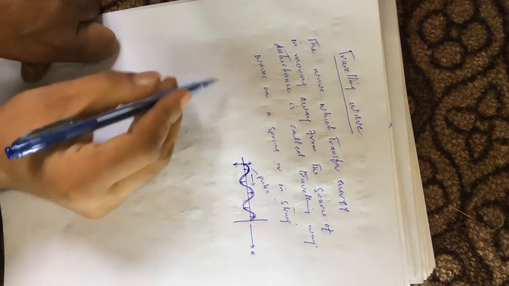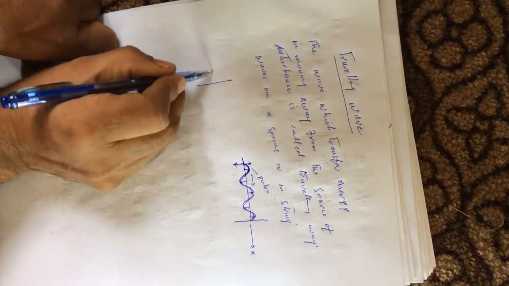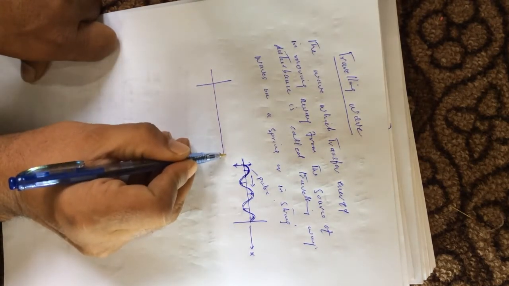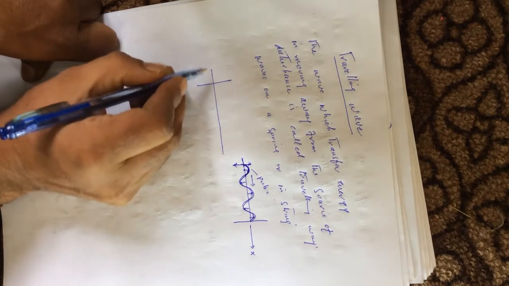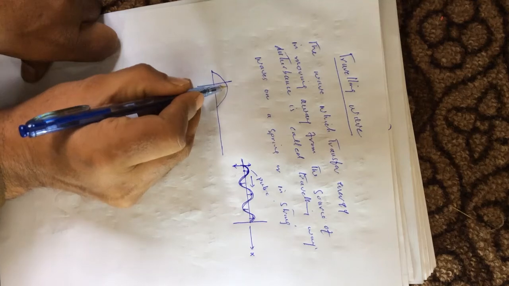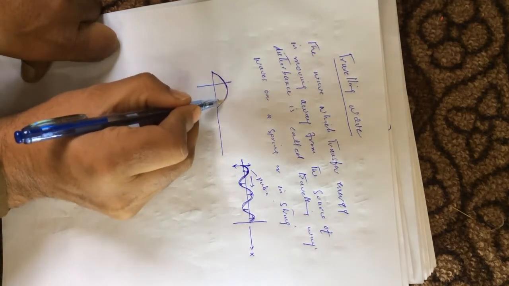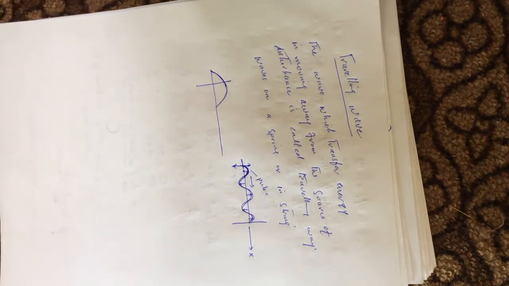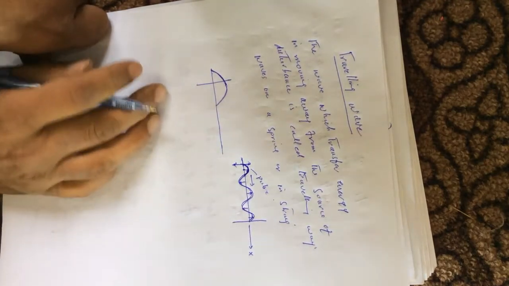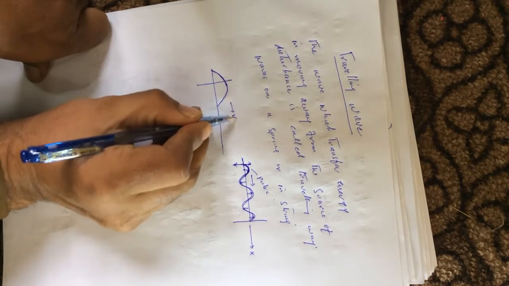Now suppose I consider only one pulse. This is the string, and suppose we have created a pulse in this string. This is one pulse, which is traveling in this string in the right direction with a constant speed v.